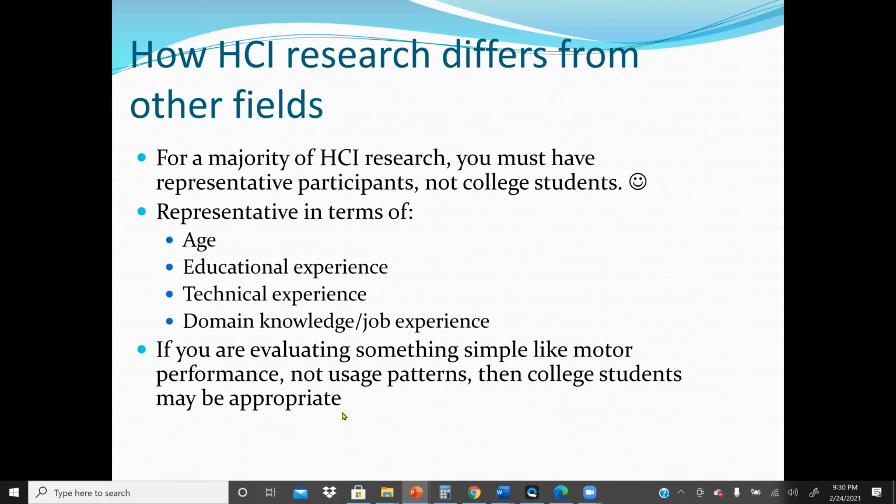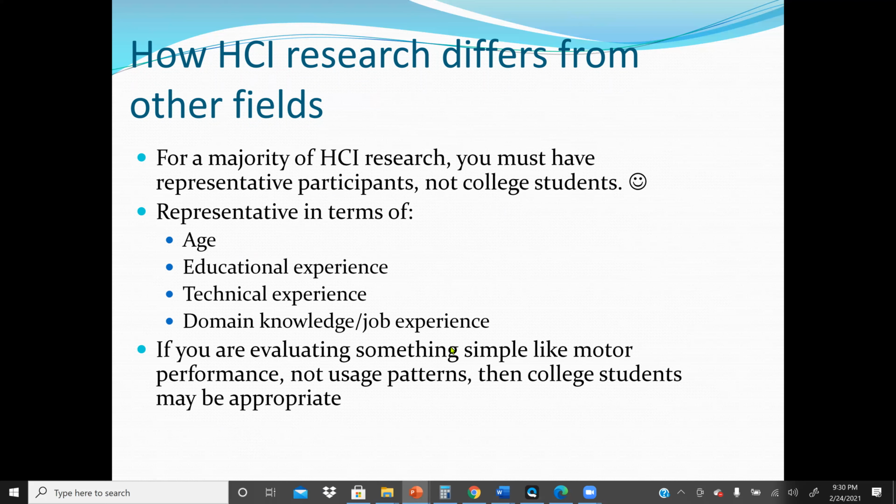Now, how does HCI research differ from other fields? As again, in the majority of HCI research, we must have representative participants, not just college students. So representative in terms of age group, educational experience, technical experience, domain knowledge, and job experience.